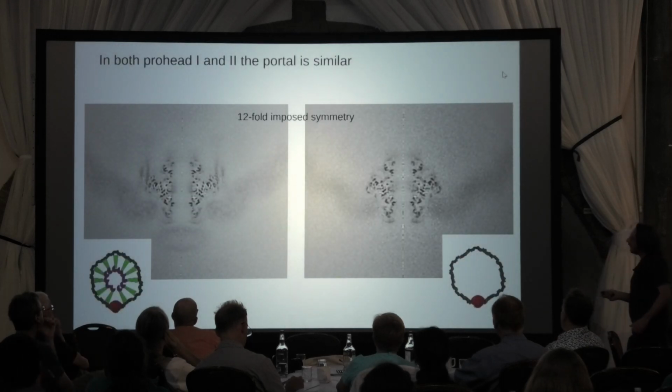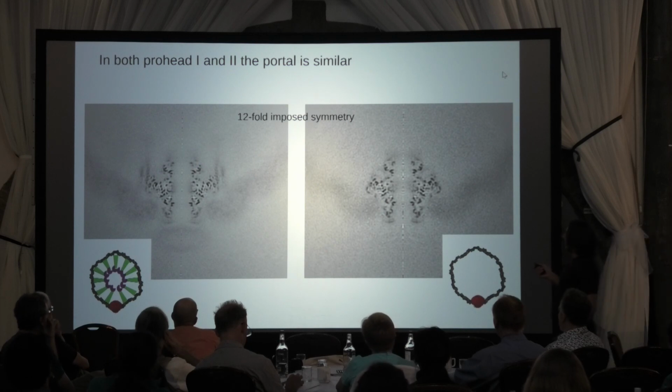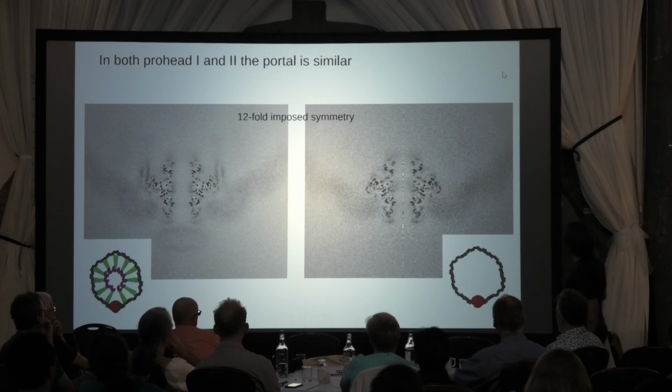What is interesting now, if you look here at the 2 portals reconstructed with the 12-fold imposed symmetry, the ProEd 1 here and the ProEd 2 here, is that beside the scaffolding domain, the densities are almost strictly the same, except for some fluctuation in terms of density, which means that some parts might be more or less flexible.